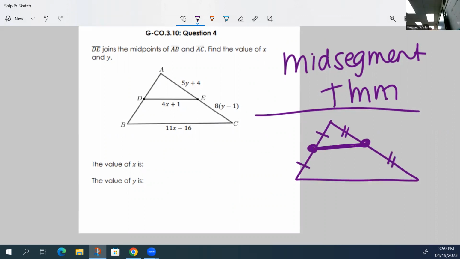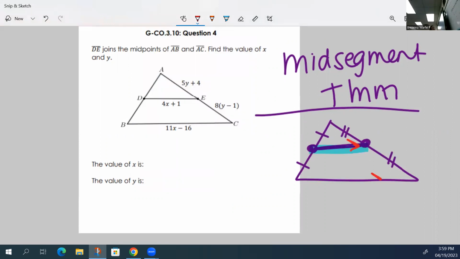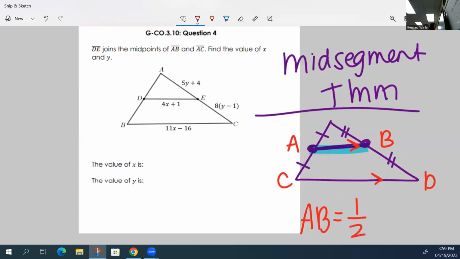This line here in the middle is a mid segment. Mine's a little off, but you get the idea. There are two things that are true about it. It is parallel to the third side, and if we call this A, B, C, and D, AB, the mid segment, is equal to half of the length of CD, or the side it's parallel to. So for instance, if this side is 20, that means your mid segment is going to be 10.